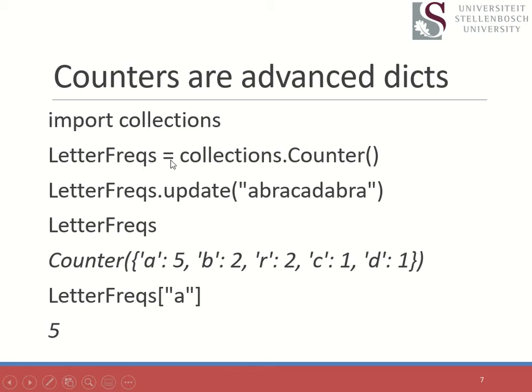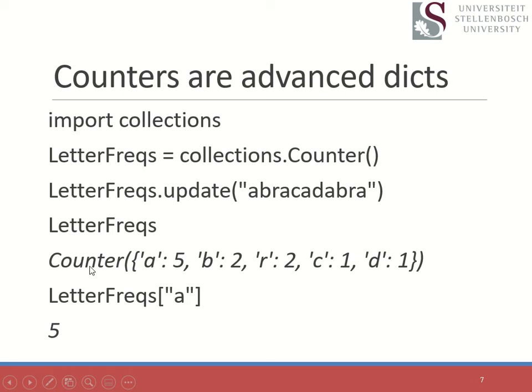Letter frequencies is an example of a counter object drawn from collections. And then we're going to give letter frequencies a string as part of its update method. That update method is going to process this string and store it into letter frequencies.